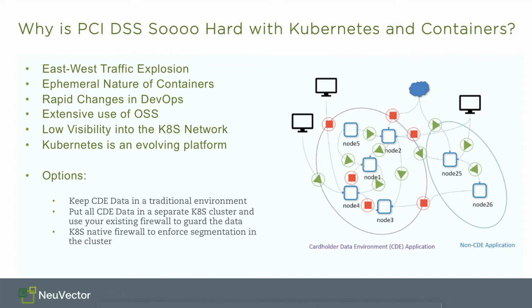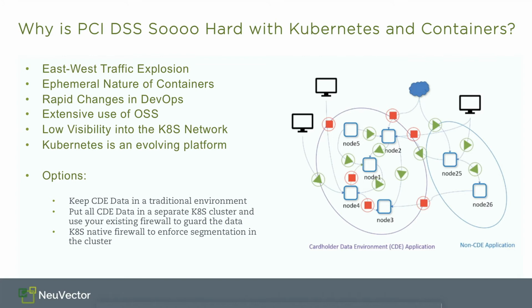That is sort of the very old school way of doing it. You're basically just allocating a full cluster to cardholder data and then tromboning all the traffic to an existing hardware firewall. Or you can use NeuVector as a Kubernetes native firewall and then enforce the segmentation and firewall rules inside the cluster, as you can see here on the graph to the right.